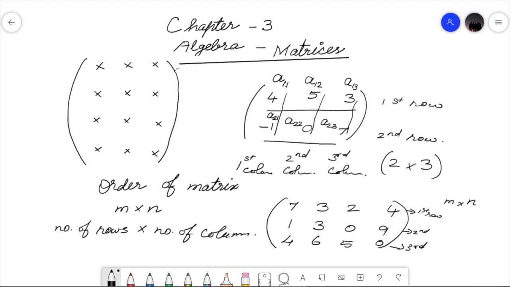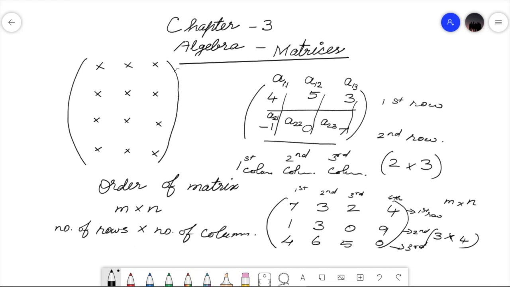And here, first column, second column, third column and fourth column. So what is the order of the matrix? Number of rows 3 into number of columns 4. So your order of the matrix is 3 cross 4.